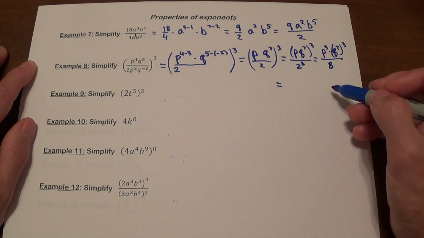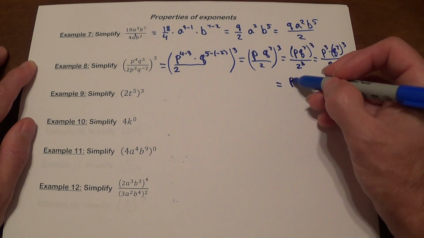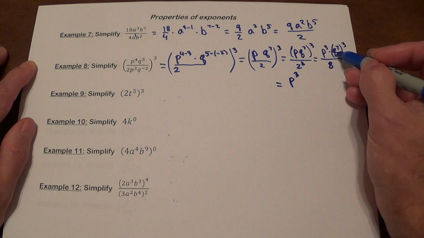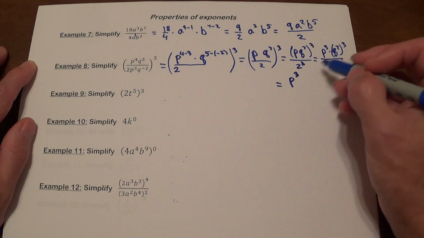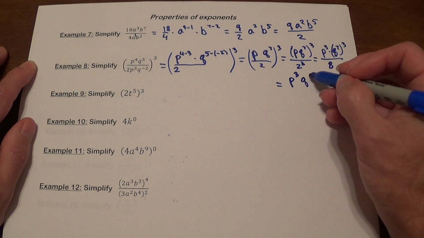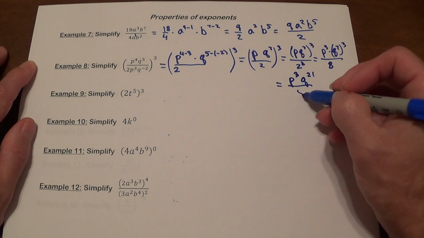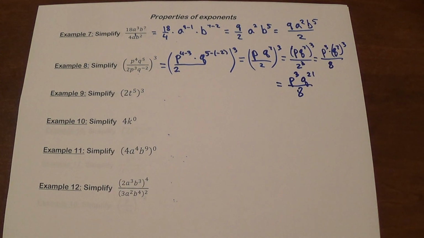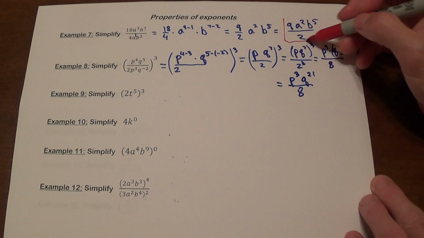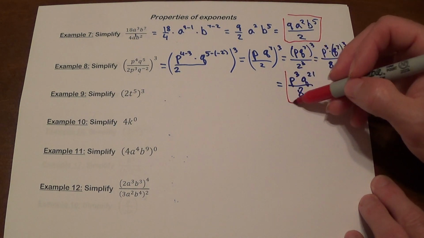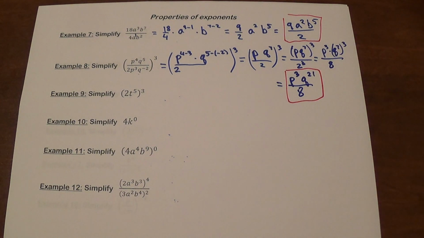Let me finish this problem here. So obviously p to the 3rd, this is going to be where you multiply the exponents, so q to the power 7 times 3 is 21 divided by 8. Let me start boxing my answers so you can see where they are. This is the answer for 7, this is the answer for 8.